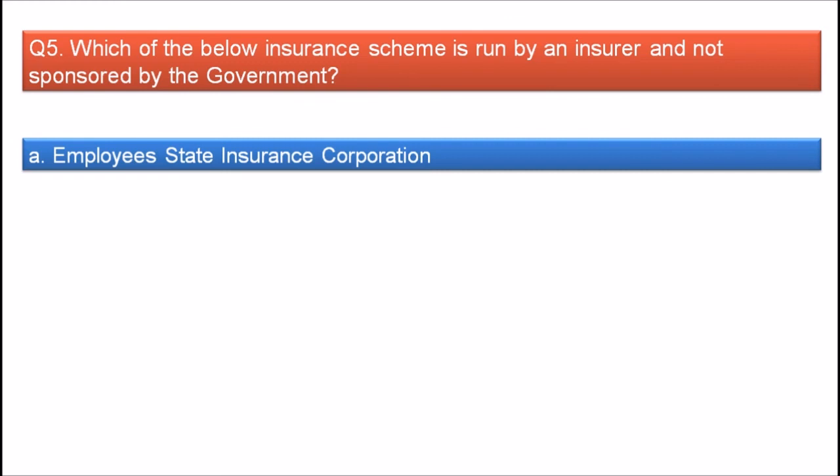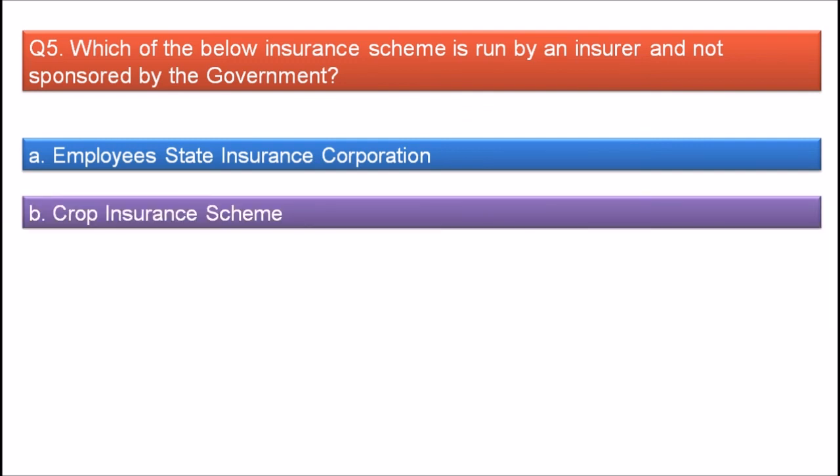Let us see: which of the below insurance schemes is run by an insurer, not by government, and not sponsored by the government? Employees State Insurance Corporation? Dear friends, just now I said ESI is run by state and central government. Crop insurance scheme, yes, it is run by state and central government.